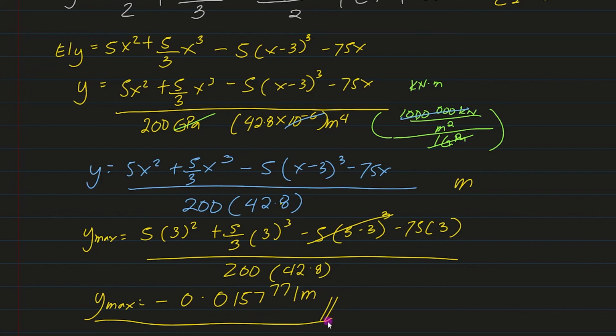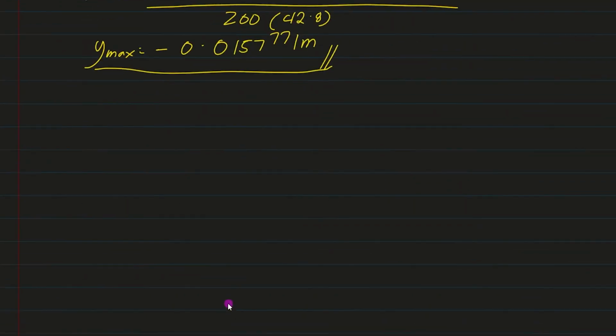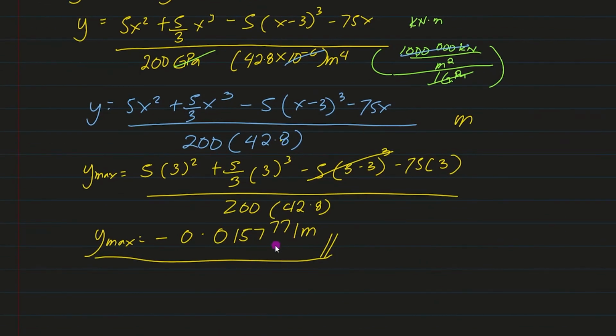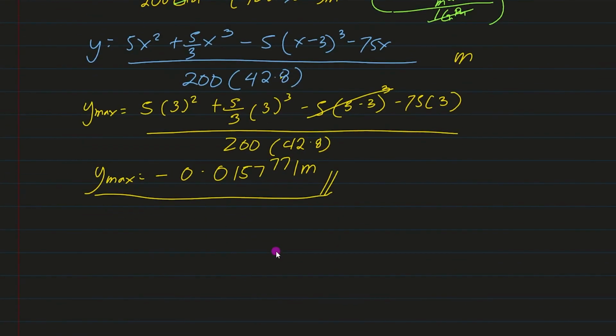This means our beam will go down at a maximum of this length, 0.015 meters. As you can see, it's very negligible, it's very small, so that's okay. Another way to check if you're on the right path is that your deflection should be very small, not reaching meters, because the beam would be destroyed if that happens.